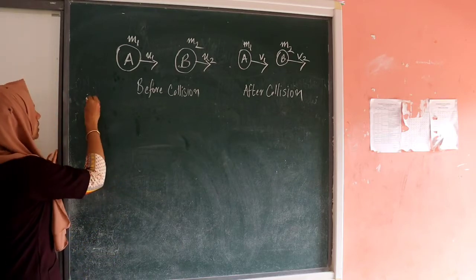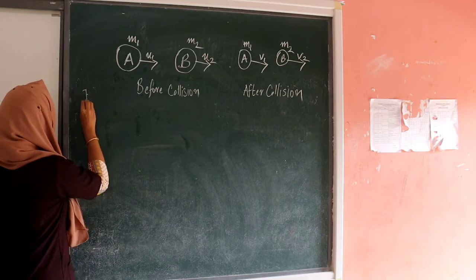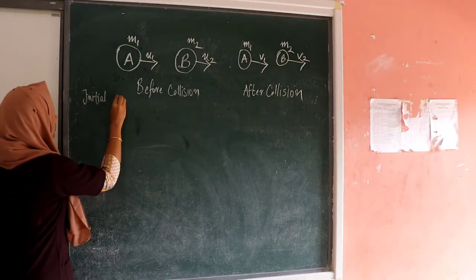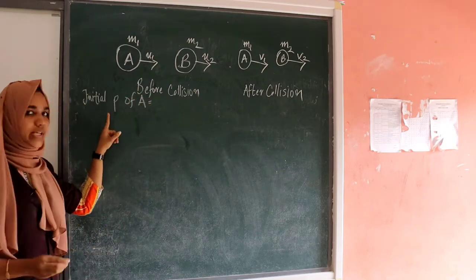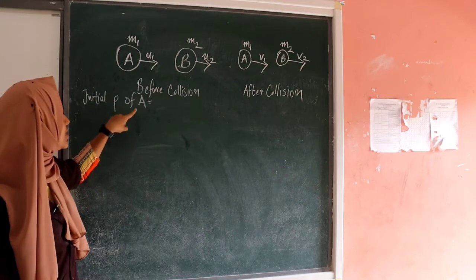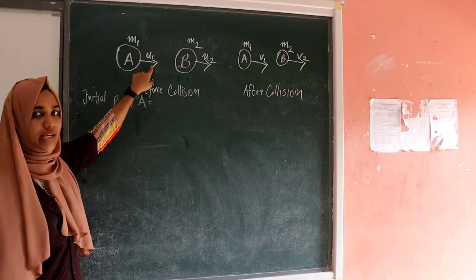First, the initial momentum of A. I am representing momentum by the symbol P. Here the initial momentum of A is M1 U1.